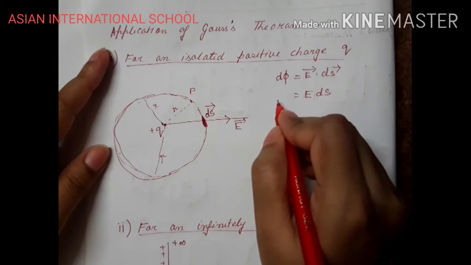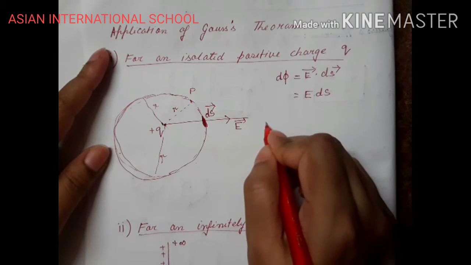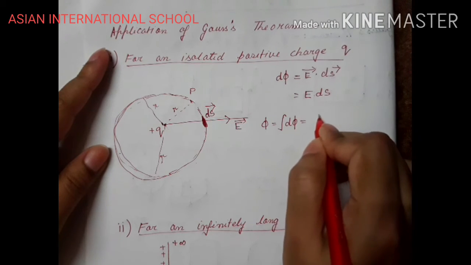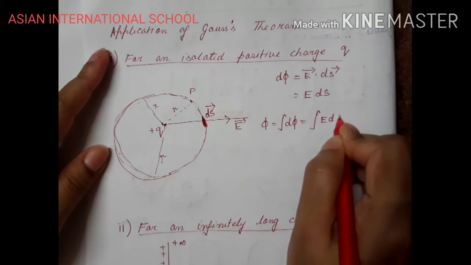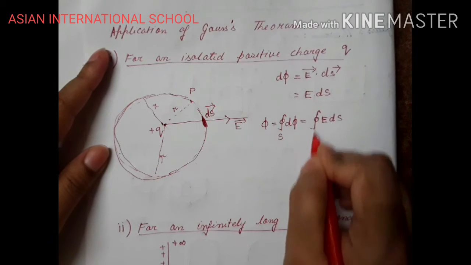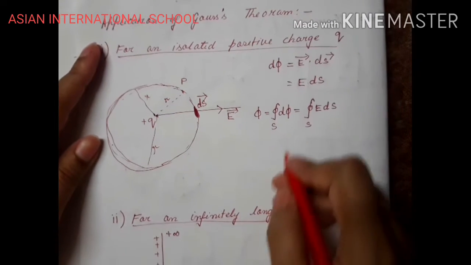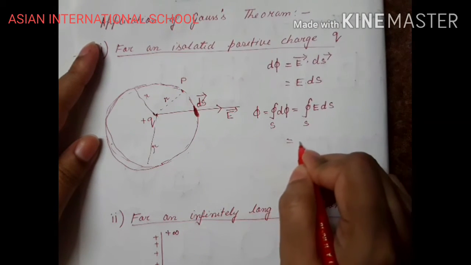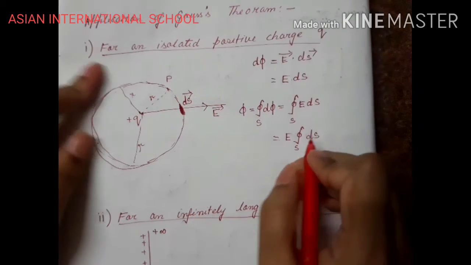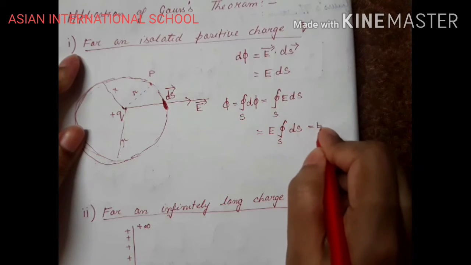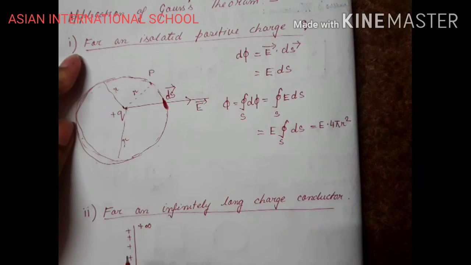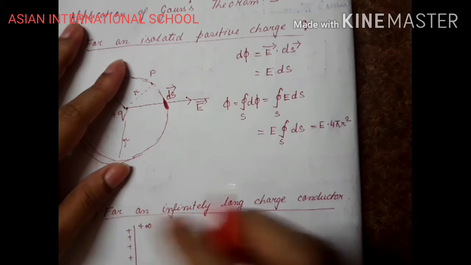If I integrate, then phi is the integration of d phi, which equals the integration of E ds. Now it's a closed surface, and the electric field is uniform, so it comes outside the integration. So this can be written as E into the integral of ds, which is 4 pi r square for the sphere.